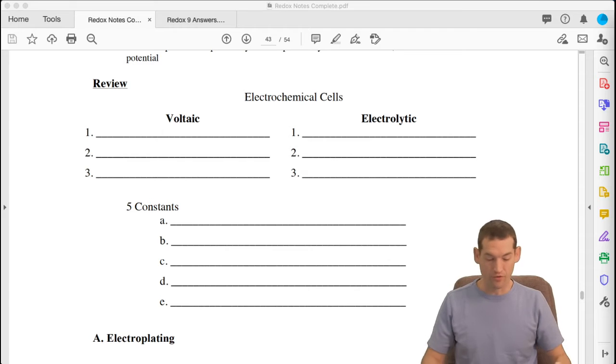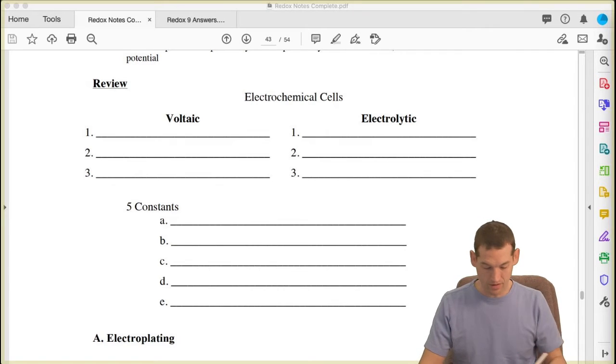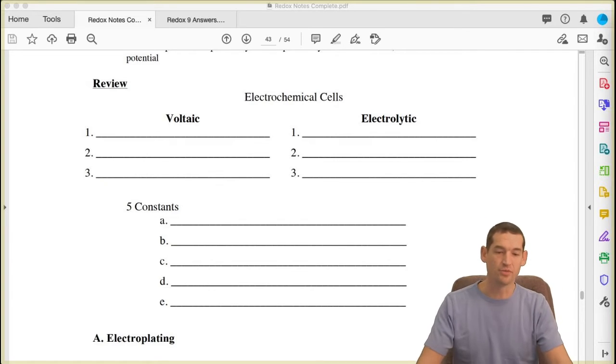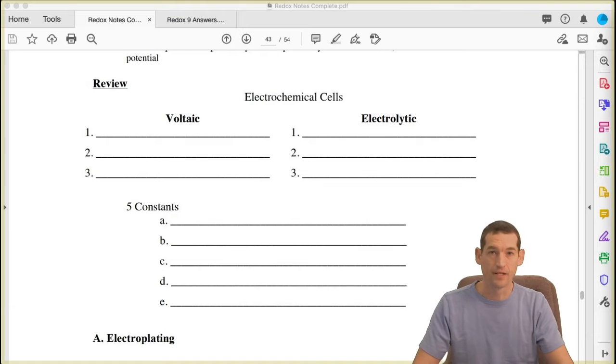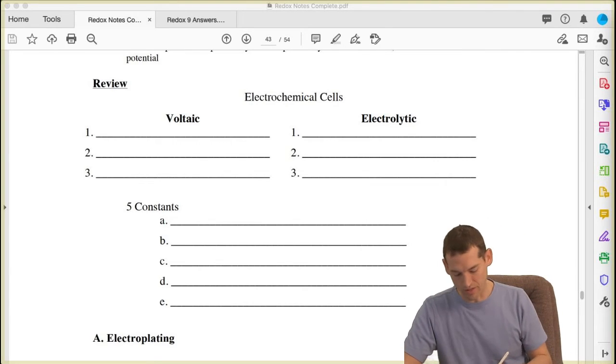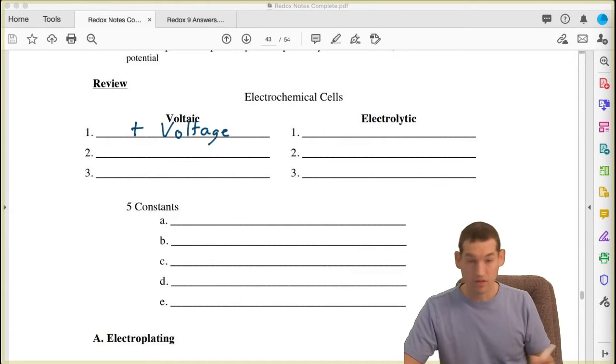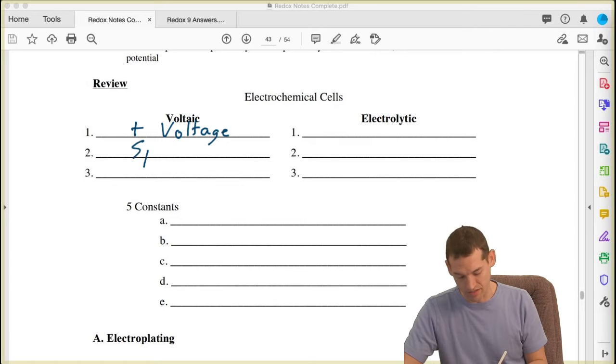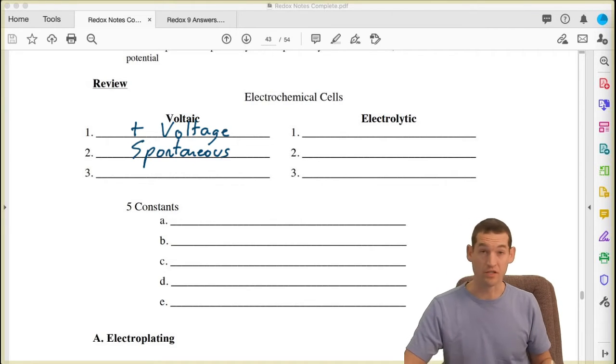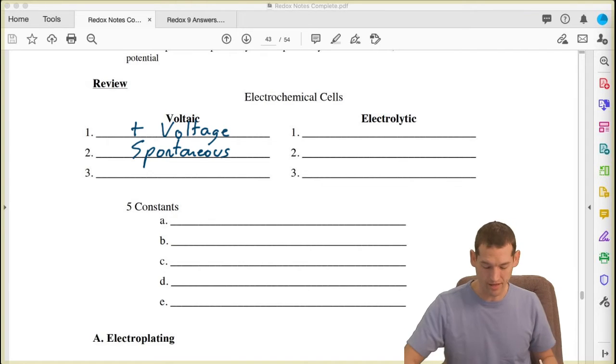So the first thing you got to remember is that everything we've done so far has been looking at voltaic cells. Okay? And voltaic cells have three things that you need to remember. They will always have a positive voltage. They will always be a spontaneous reaction, which just means as soon as you put the chemicals together, they react.